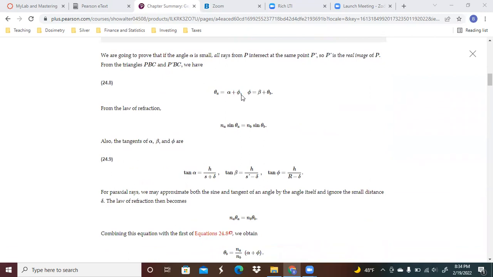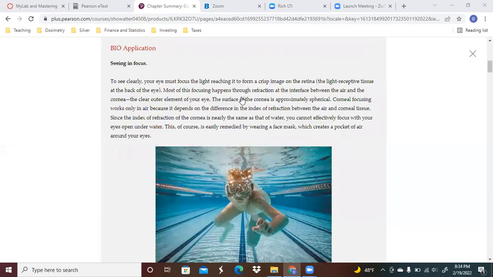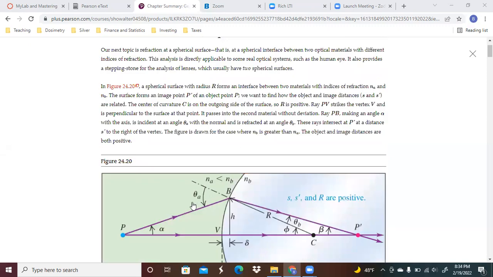So we're going to go through some proofs here. We're going to say that theta sub A is equal to alpha plus phi. In other words, this and this are going to be equal to this.